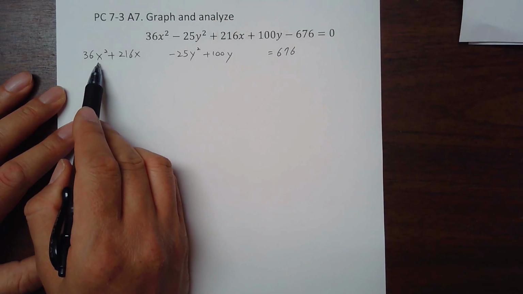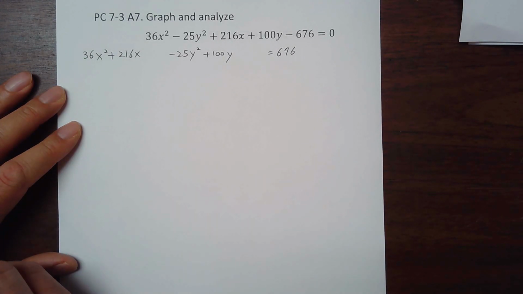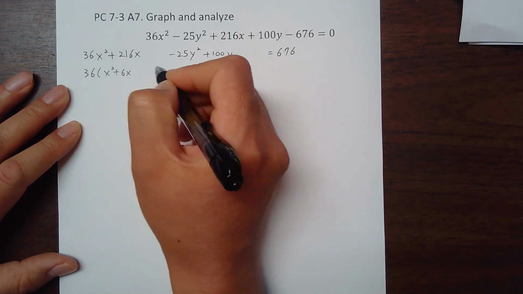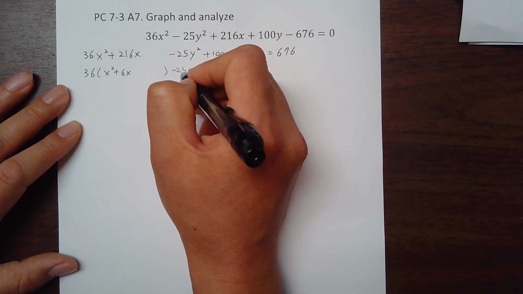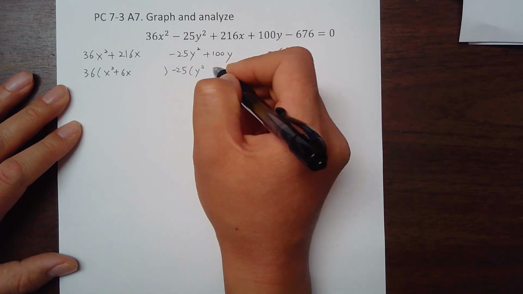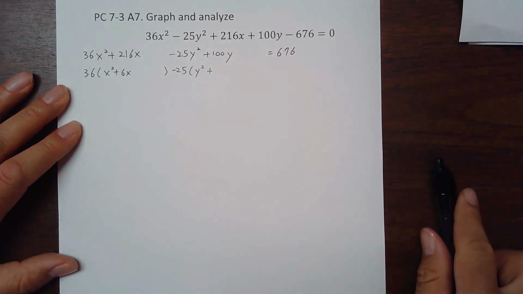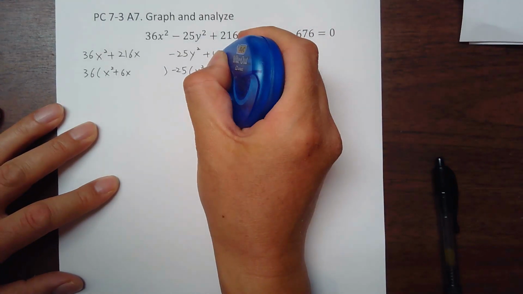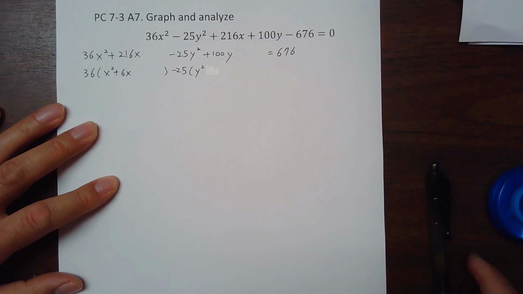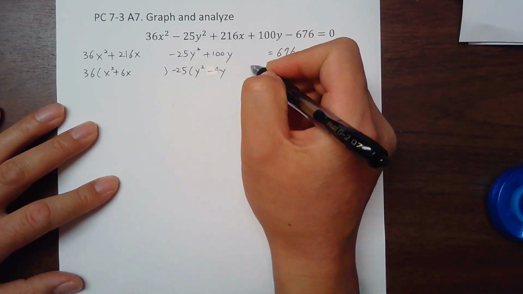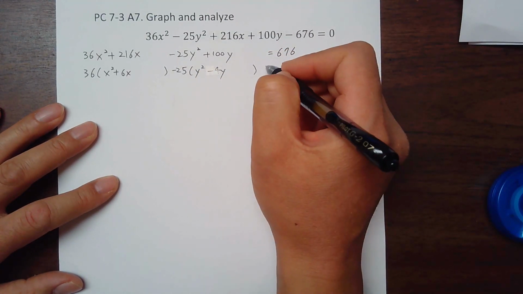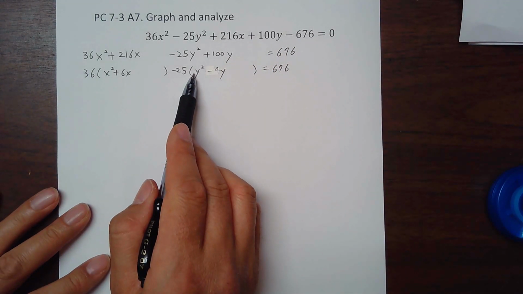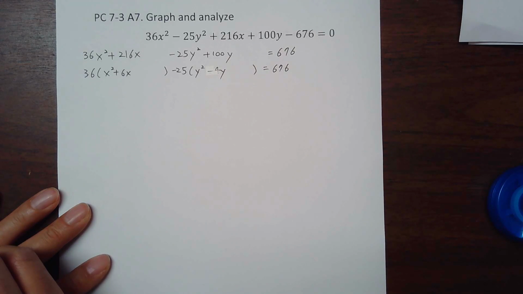Now you want x squared, y squared to have coefficient as 1. So you will factor out 36, factor out minus 25 from the y terms. So you do have a y square x square coefficient as 1 inside the parentheses.